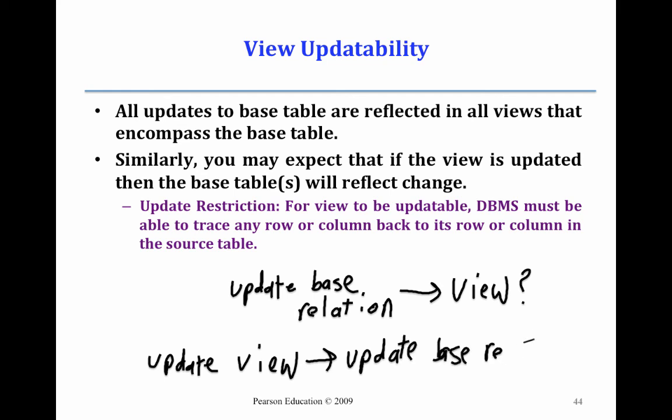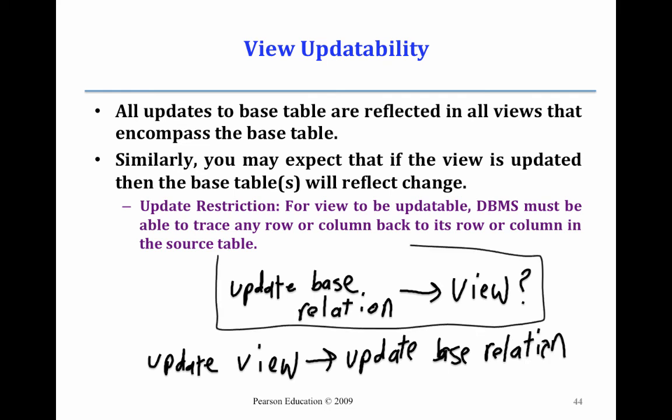Okay, so this one, the updating of the base relation, it automatically updates the view. That's logical, right? You just rerun the defining query if necessary, and you'll get an appropriately updated view. So there really is no issue with updating the base relation. It should automatically propagate those updates to the view.